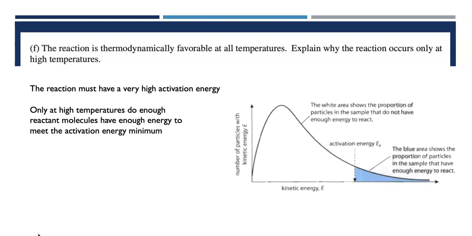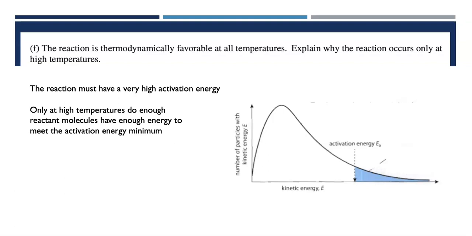So if we think about a Maxwell-Boltzmann distribution, where the x-axis is kinetic energy and the y-axis is relative number of particles, we can actually have the activation energy for the reaction indicated here, and that's what that dashed arrow is showing. And the area shaded in blue is the proportion of molecules that are over that energy minimum, that have enough energy to react. If this is a really large number, it's really a fairly small fraction of the molecules.